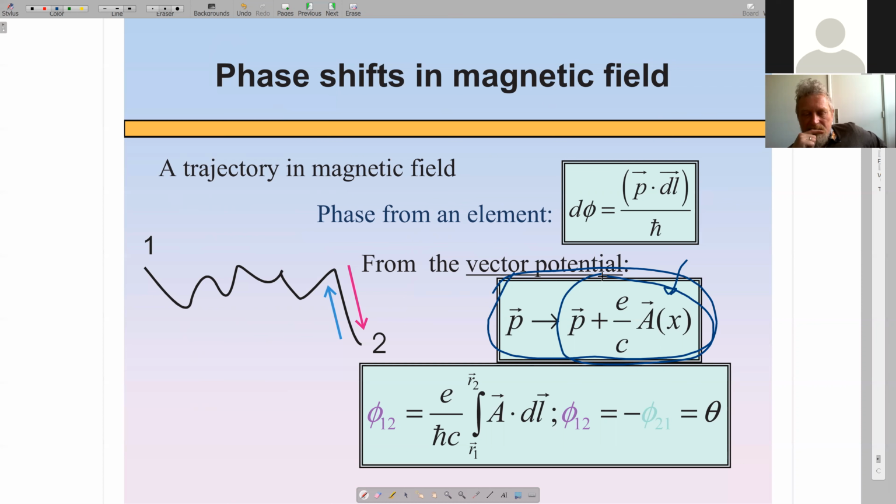Yeah, I guess in SI systems, it comes without the coefficient. All right. Yeah, I am still waiting for answers in the chat.